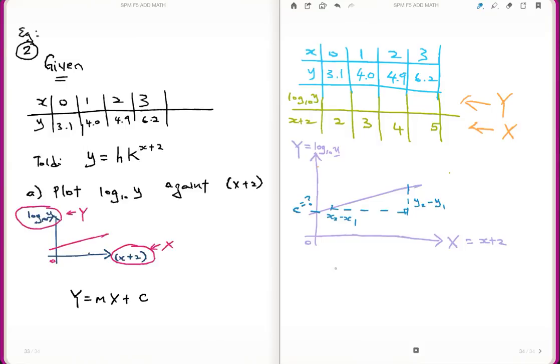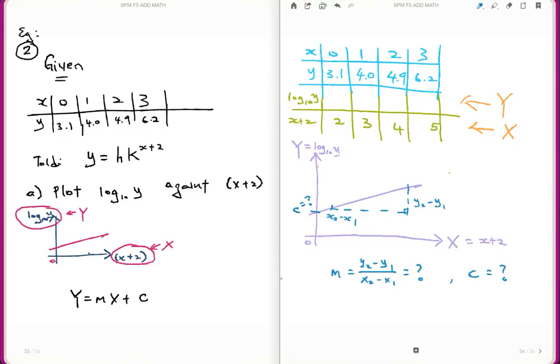From there, you get to know your m is equal to y2 minus y1 over x2 minus x1, change of y to change of x value.